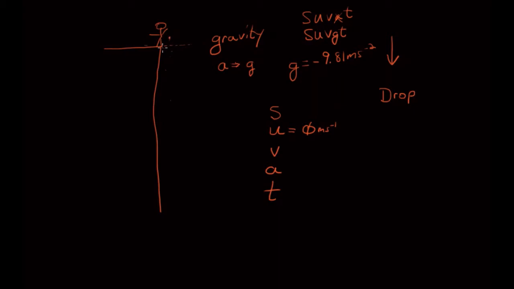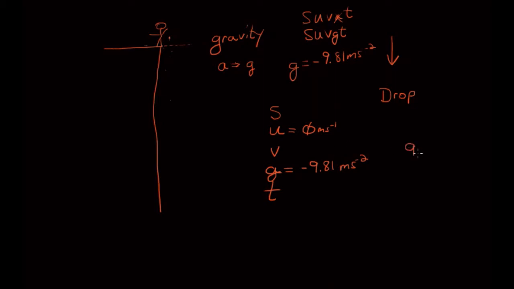You're just holding it out there and you just let it go from your hand. So the initial velocity was 0. And in free fall, always, always, always, the gravity, I should make it a G, equals negative 9.81 meters per second squared.